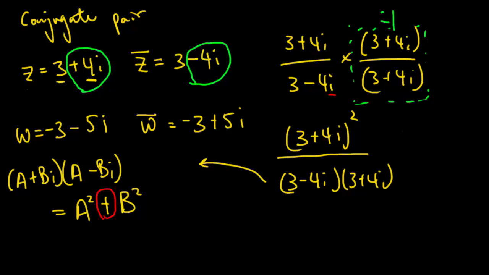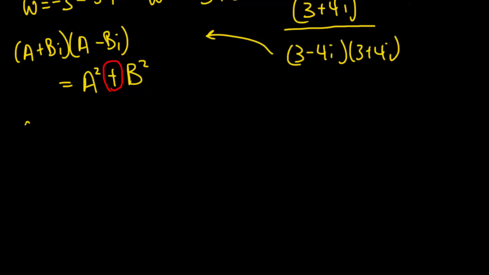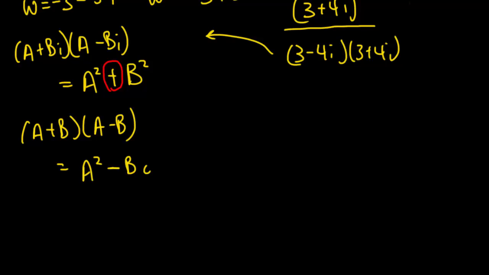Now if we don't have the i, we would have (a plus b)(a minus b), so that will be a squared minus b squared. So remember the difference: when you have the imaginary part, it's plus. When you don't have the imaginary part, it's minus.